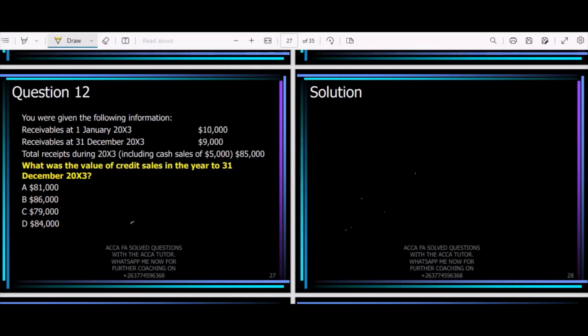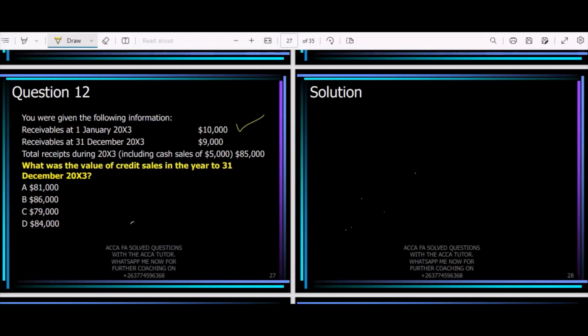Hello, ladies and gentlemen. I hope we are still together and you are benefiting a lot from this presentation. Ladies and gentlemen, this is now question number 12, and it is saying you are given the following information. Receivables at 1 January 2023 were $10,000, and mind you, these are opening receivables.